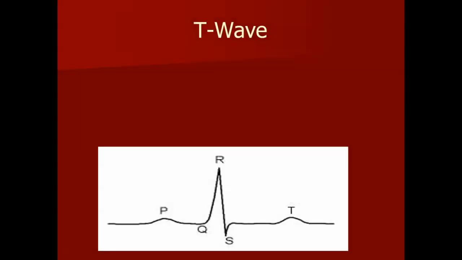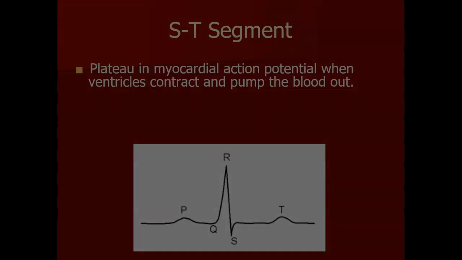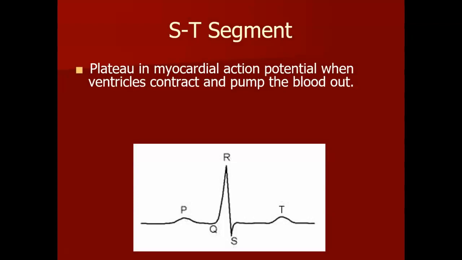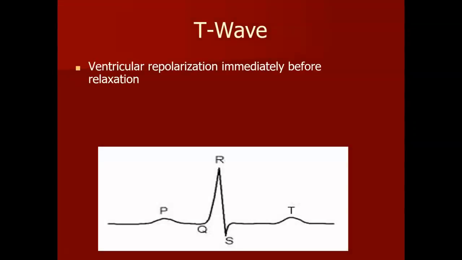Then we've got the ST segment. The ST segment refers to that plateau that we talked about earlier in the myocardial action potential, when the ventricles are contracting and pumping blood out of the heart. And last is the T wave.